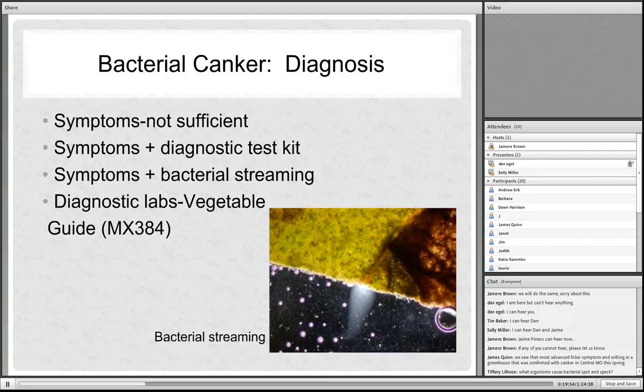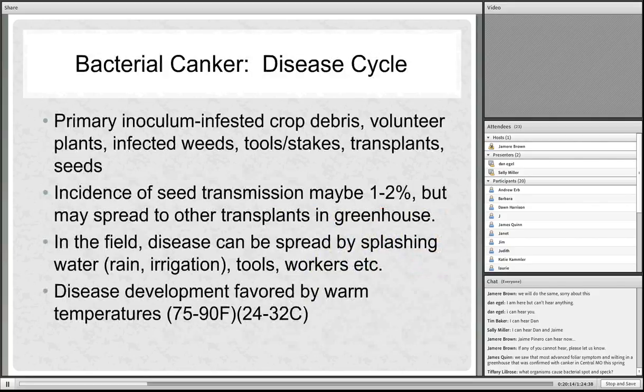My understanding is you don't have one in Missouri now, but will have. And in the vegetable guide, MX384 as it's called in Missouri, there's a list of several different diagnostic labs, and also how to send samples to a lab.